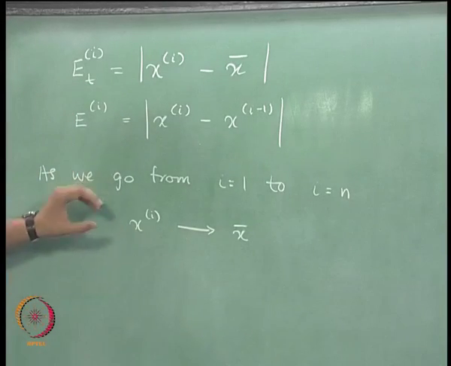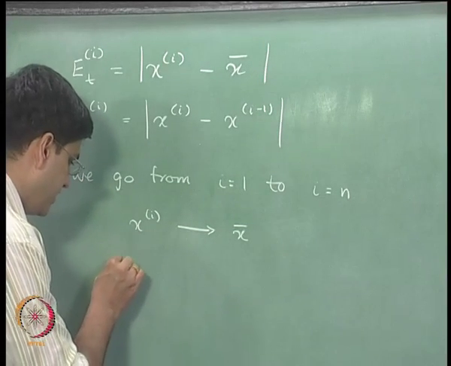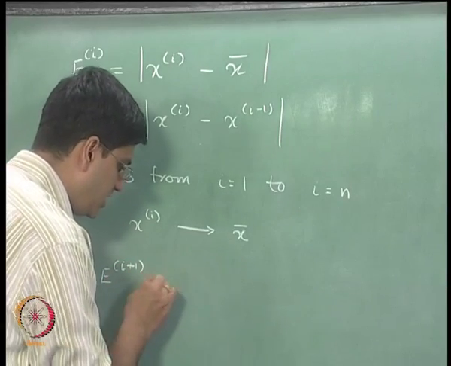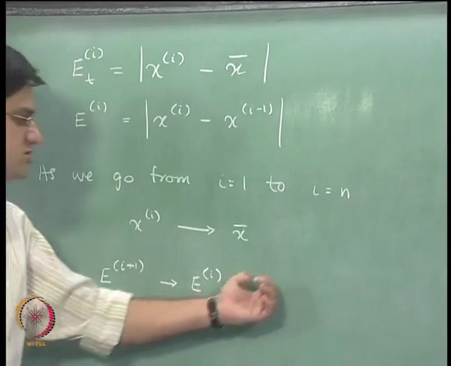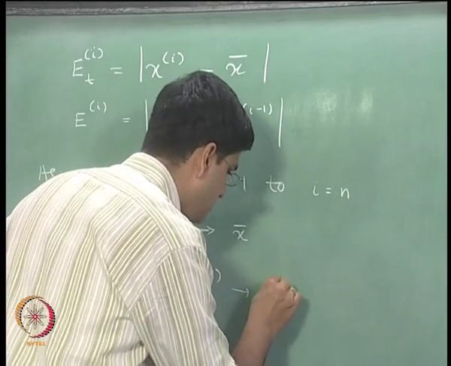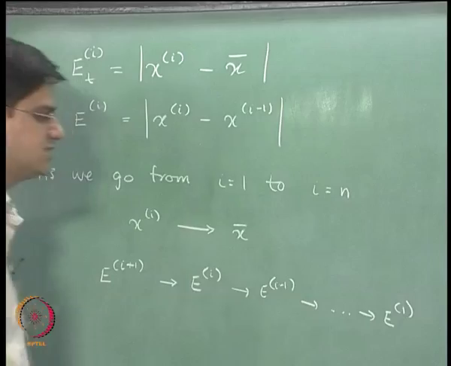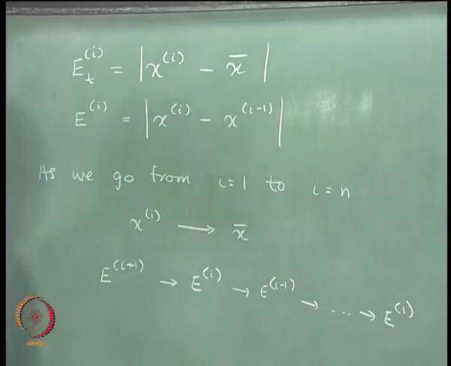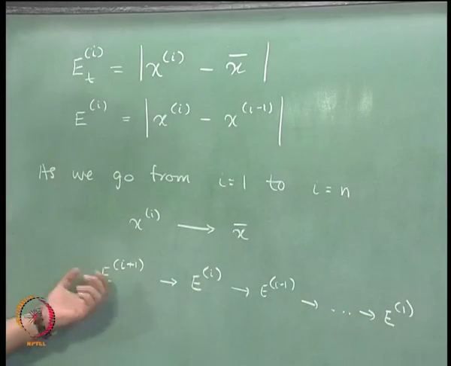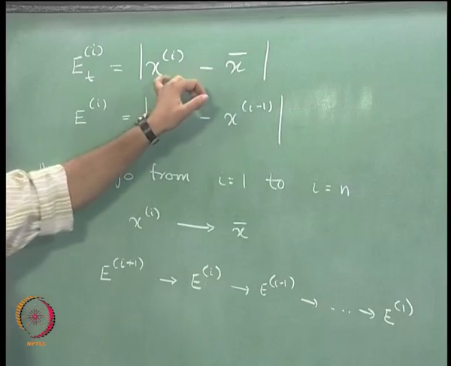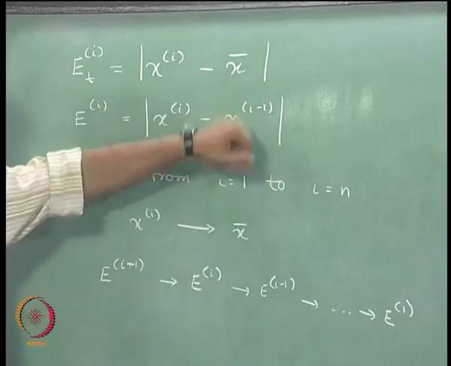So the convergence criterion we are going to look at is how ei plus 1 depends on ei, and ei then depends on ei minus 1, and so on up to e1, the error in the initial condition that we started out with. We start out with a fair amount of error in the initial condition, and as the number of iterations increases, xi tends towards the solution x bar.